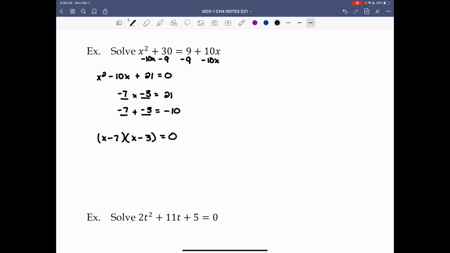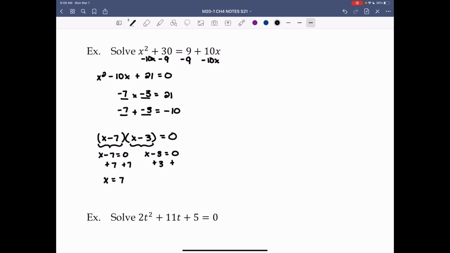For this product to equal 0, one of our binomials has to equal 0. So let's figure out when this equals 0. X minus 7 equals 0. Add 7 to both sides. We get x equals 7. And when is the second factor equal to 0? X minus 3 equals 0.